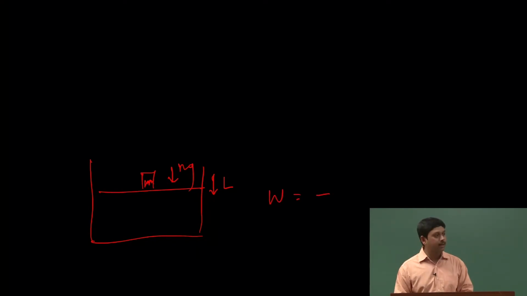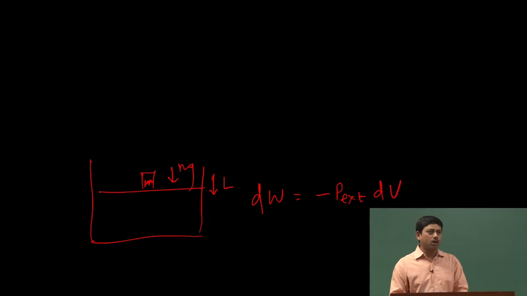mg. So, you see that by convention, if you take work done on the system always to be positive, then we can write dW as minus P external dV. It is how much the external mass is doing work on the gas.